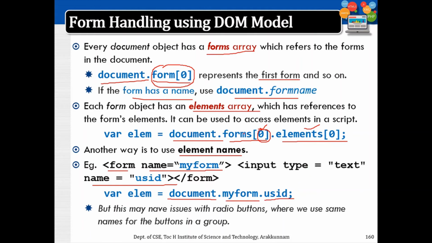In the first case, we are accessing this in a generic manner, document.forms[0].elements[0]. But here, as I have given names to the form as well as the element, it can also be accessed as document.myform.usid. So this is how you access the form elements. We will be having many event handlers for different elements too, that we will see in the further slides.